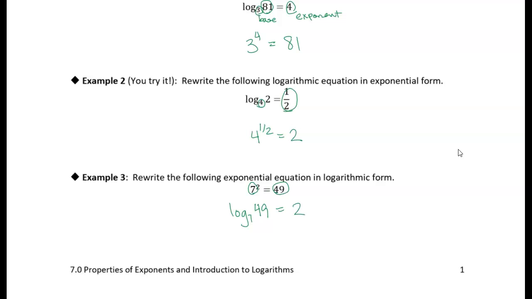The log is the exponent. So the result of the log is the exponent. The result of the exponential equation is the argument. And the base is the base. So what this is saying is that the exponent on 7 that gives you 49 is 2, all right?